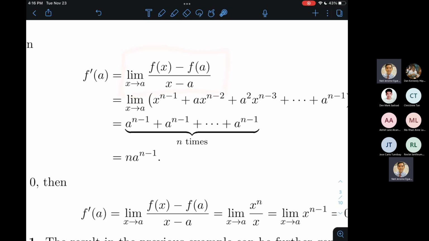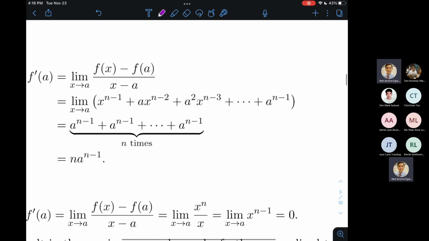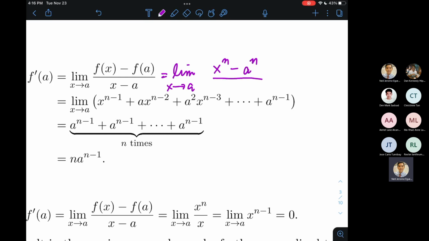So we'll start with the definition. F prime of a is the limit of the divided difference as x approaches a. And then, okay, let's just have it as x to the n minus a to the n all over x minus a. All right.